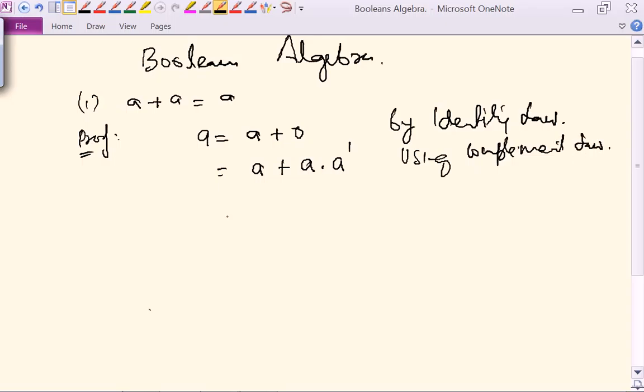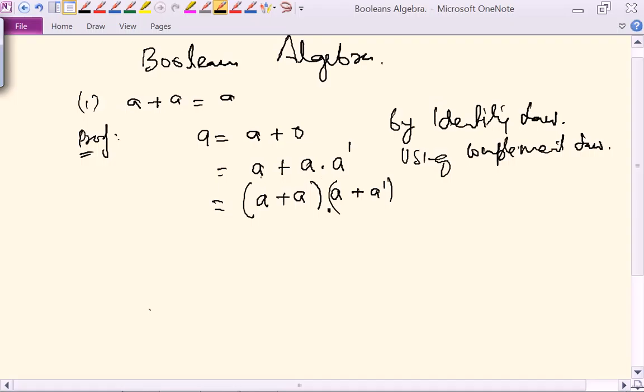Now what we do is we use the distributive law. That means we say a or a, and a or a complement. What I am doing is distributing this a over these two.